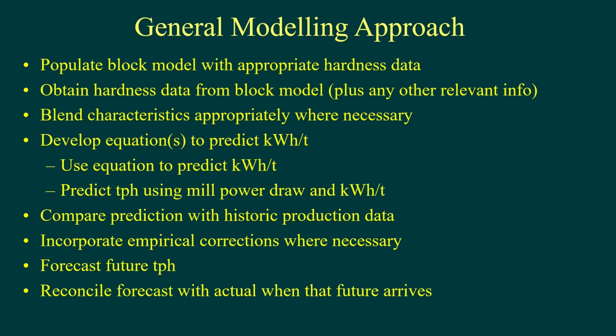It's not a hardness problem, it is some other bottleneck problem that's causing that. What I'm trying to say is you have to continuously reconcile, forecast, modify so that at all times your model is the very best that you can make to ensure that your forecast is of the highest quality.